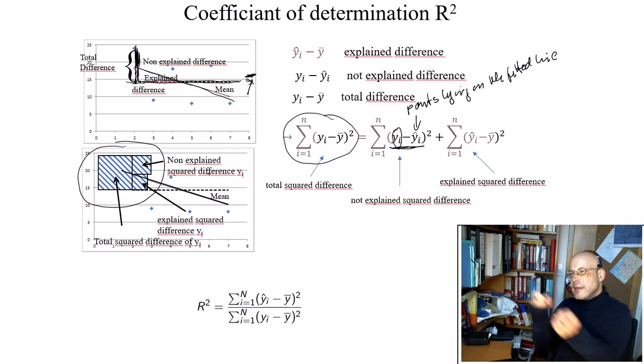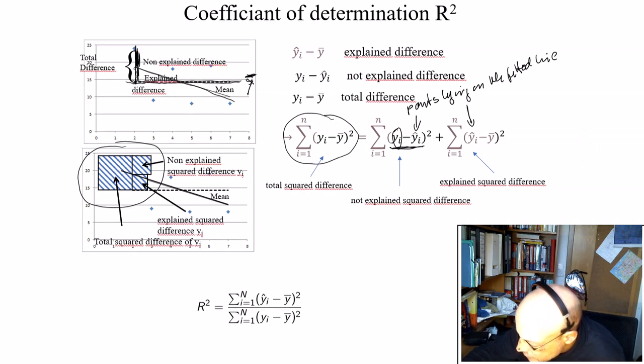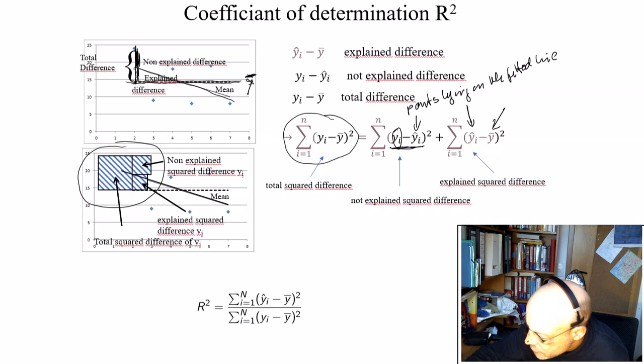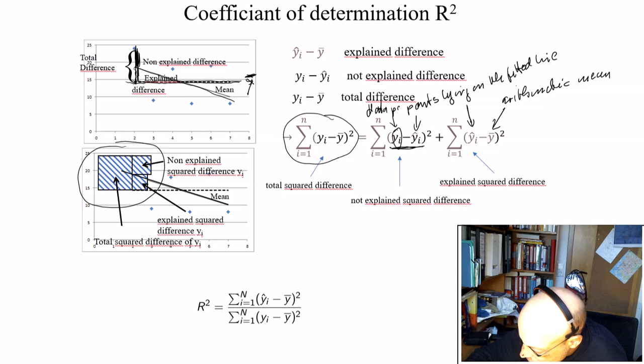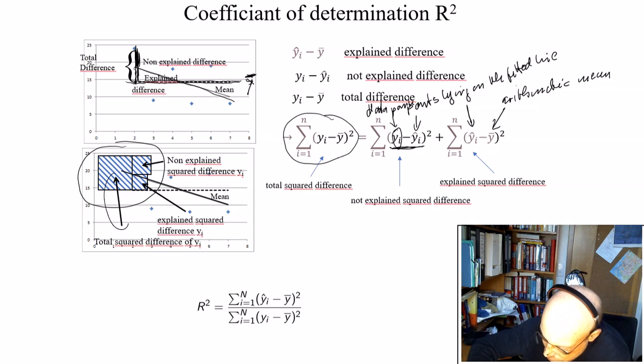And then we take the next step and say we are calculating the squared distances of the points on the fitted line, now with respect to the arithmetic mean. And this is, of course, our data point. So for one point, this is the total squared distance.